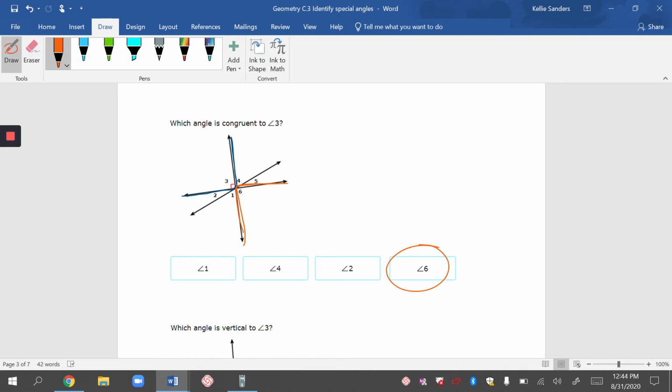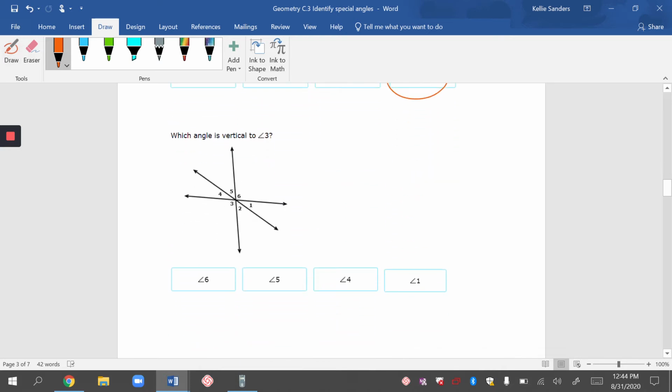Mostly because they're vertical to each other. Which angle is vertical to angle 3? Here's angle 3, which means that this line and this line made angle 3. So if 3 is right here and 6 is right here, they are vertical to each other.